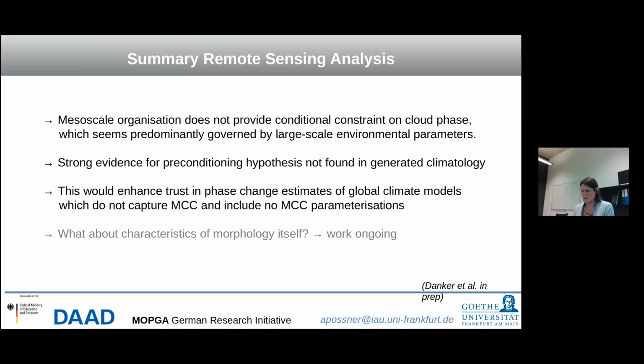It doesn't mean that it's a process that can't occur. It may well occur, but it doesn't seem to be the dominant constraint, or indicative of a dominant relationship between cloud organization and cloud phase.